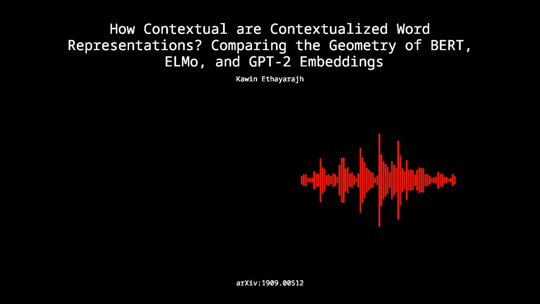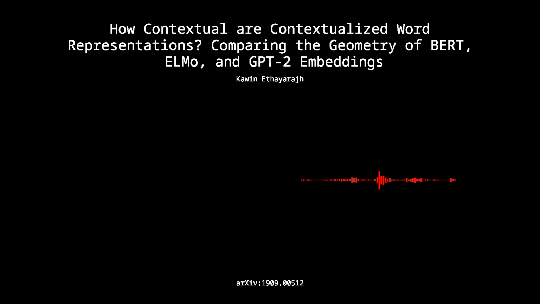Let's say we look at the final layer of GPT-2, layer 12. Just how narrow does this cone get? The compression is staggering. In the early layers of GPT-2, the average cosine similarity between two completely random, uniformly sampled words is around 0.6. Which is already pretty high. Right, but as you move deeper into the network, that anisotropy scales exponentially.